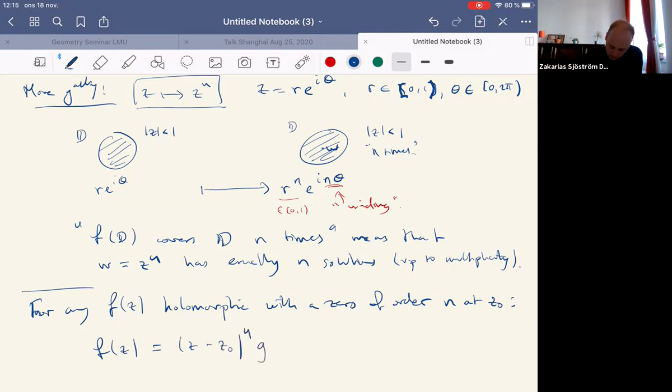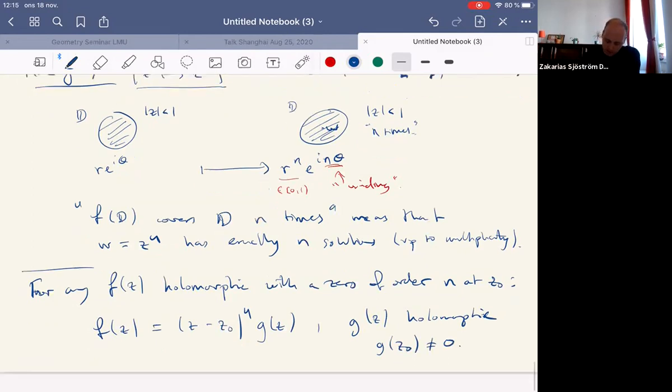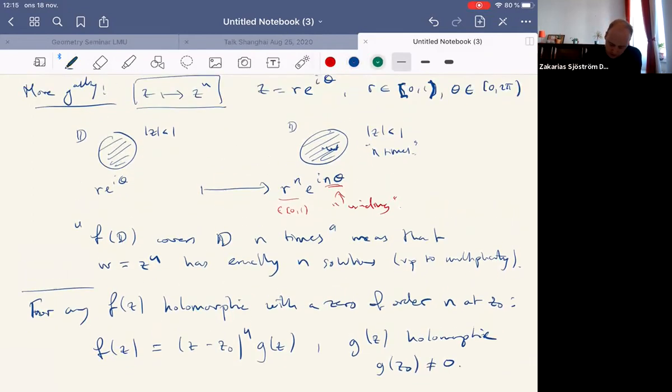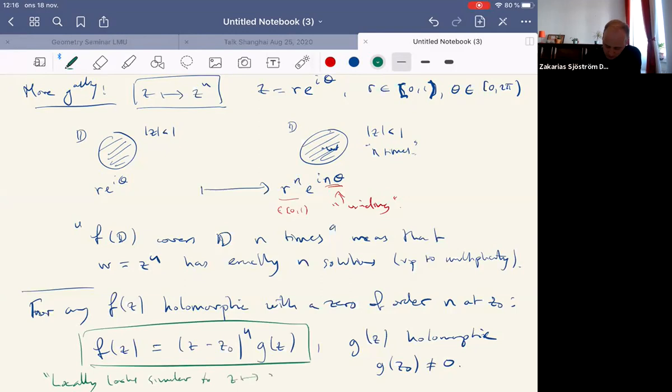So it's equal to (z minus z0)^n times g of z, where g of z is holomorphic on a neighborhood of z0, and g of z0 is non-zero. So locally it looks similar to z goes to z^n.